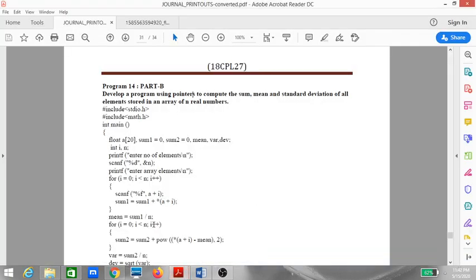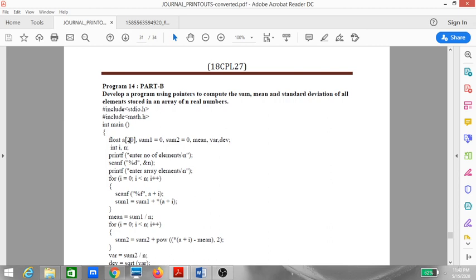Now let us look at the program. Here in the program we are using math.h because we are using some mathematical functions, like power and square root. So I require math.h and stdio.h, which we all know is for printf and scanf.